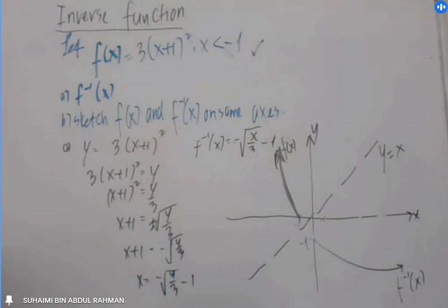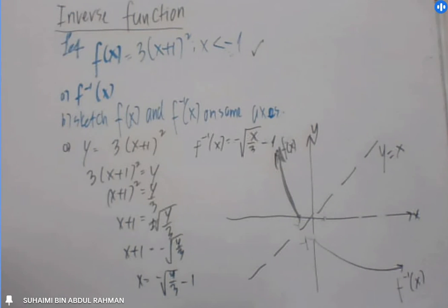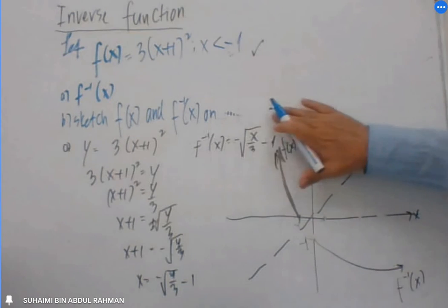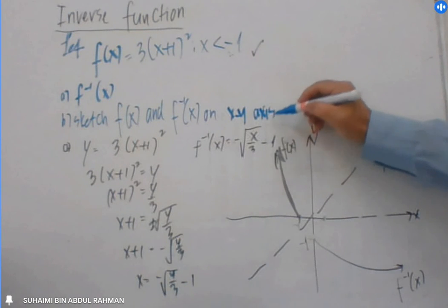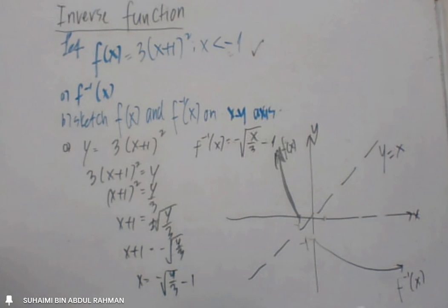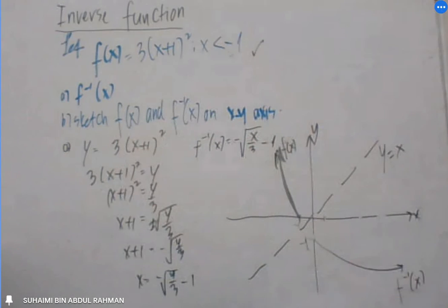Same axis means the x, y axes, meaning we do not sketch one graph and then another graph on different axes. It must be on the same. Right here. Okay.